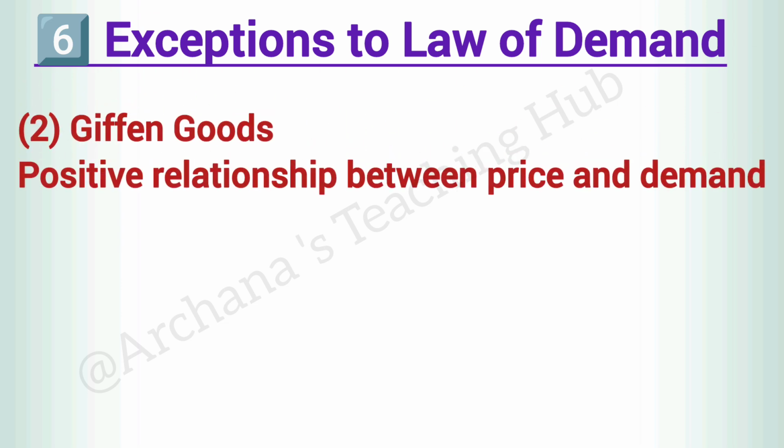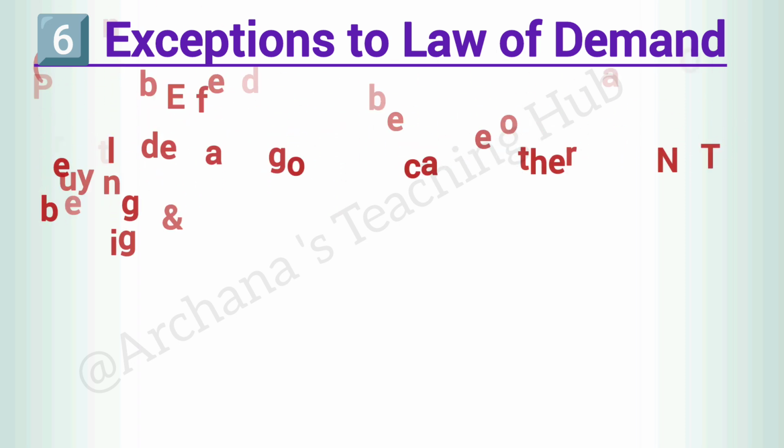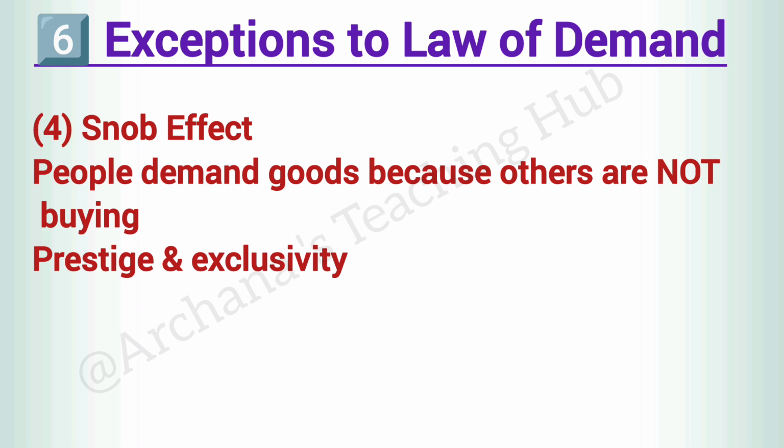Positive relationship between price and demand. Third, bandwagon effect. People demand goods because others are buying. Demonstration effect. Fourth, snob effect. People demand goods because others are not buying. Prestigious and luxury. Exclusivity.